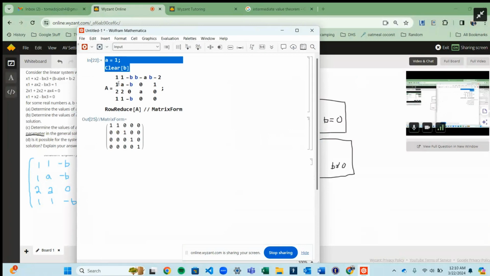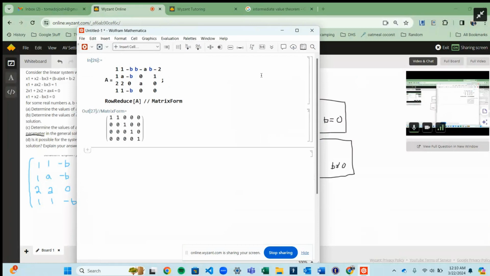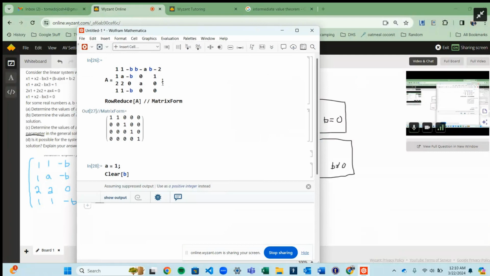So that's whack. Because notice that B doesn't show up. I'm just going to do that. I'm going to do this equals 1.